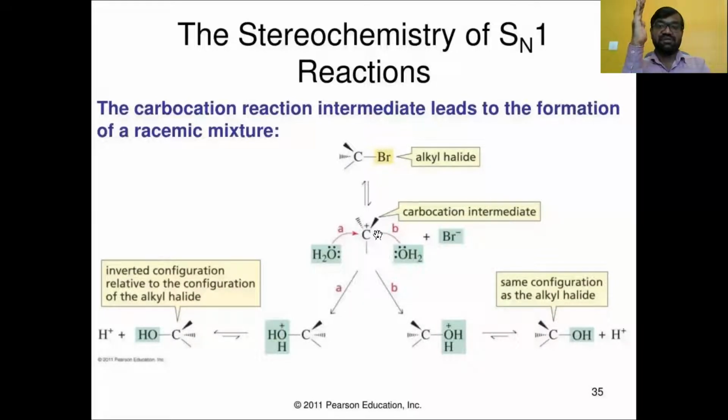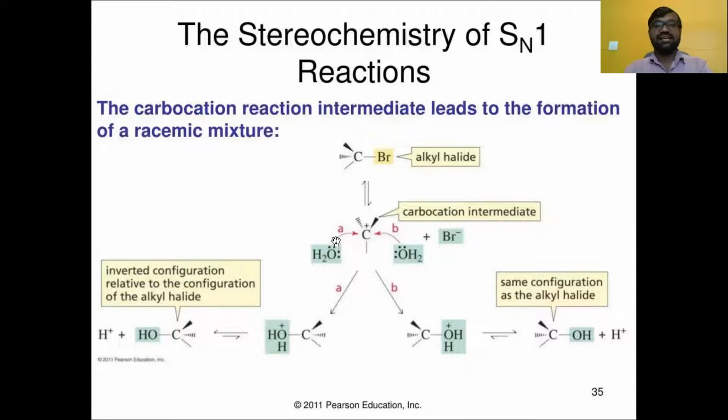If water does not attack from this side, it may attack from the other side also. Similarly here, the carbocation is attacked either from this side or from the backward side. You can call it either front or backward, or lateral or opposite side as well.